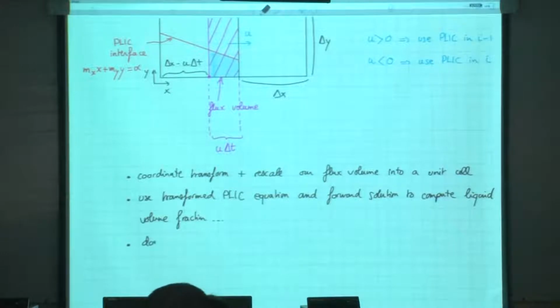And you're done. That gives you your flux. So this is a surprisingly simple exercise after you've gone through the PLIC derivation. Does that make sense to everyone, why this is already a solved problem?